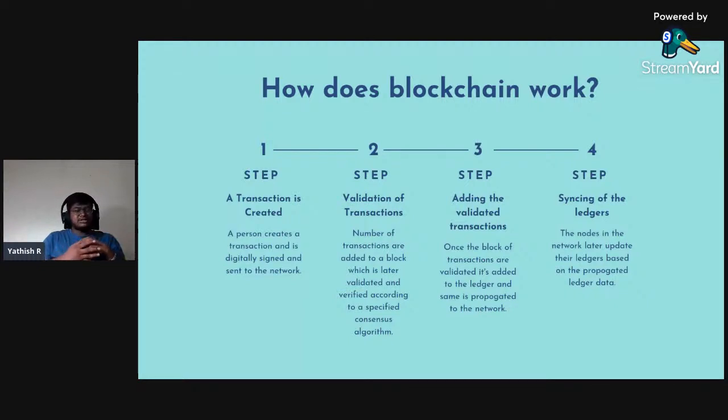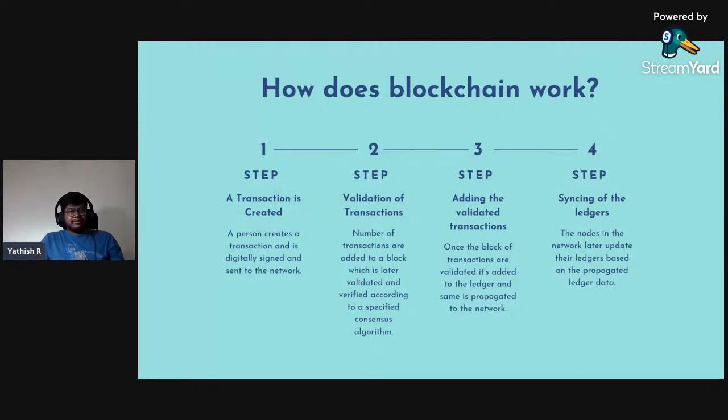They take all those transactions, add them to one block, and that block is put onto the network, where it has to be validated by one of the miners or anyone for that matter. Depending upon the consensus algorithm that governs, let's say proof of work or proof of stake, the transactions are validated based on that rule. After they're validated, they're verified and added to the ledger of that particular node.